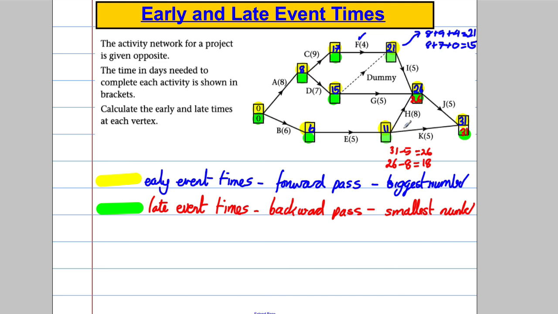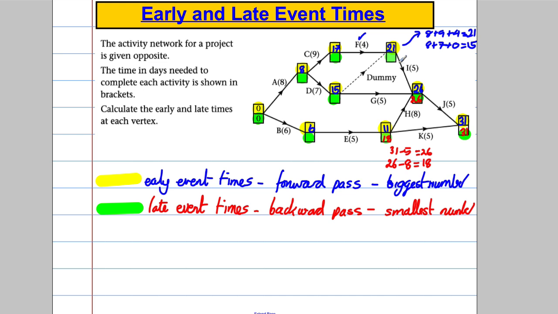I'm looking for the smallest of those numbers, so it's 18. The reason it's 18 and not 26 is that as long as I've left here by 18, 18 add 5 is less than 31, so I haven't delayed that, and 18 add 8 is 26, so I haven't delayed that. So I'm picking the smallest of those numbers, which is 18.